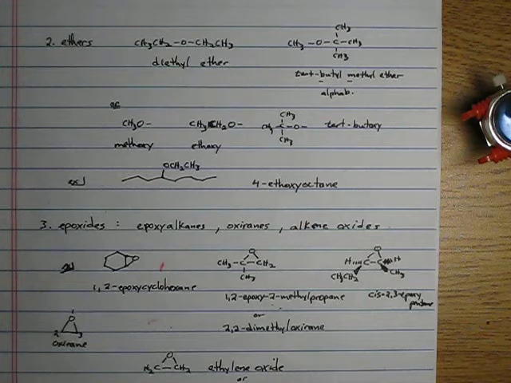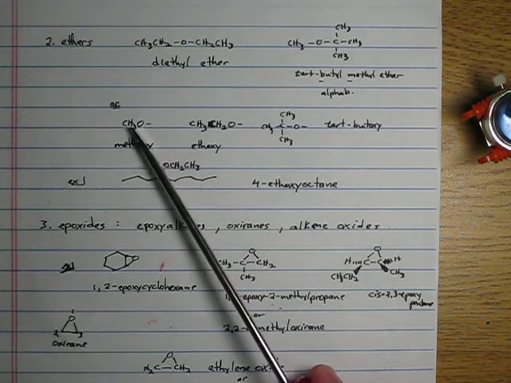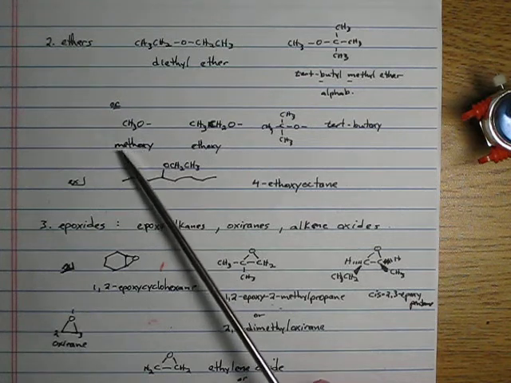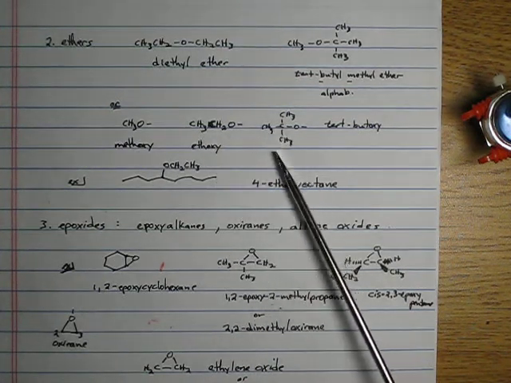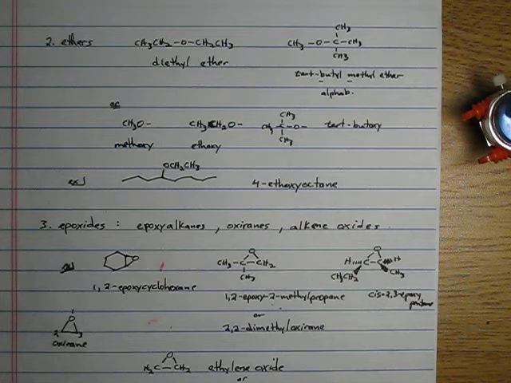If your molecule is large, then you're probably going to want to name it according to the IUPAC method. And the IUPAC method is an alkyl oxy kind of way. So this is a methyl group on the oxygen. This is a methoxy. This is an ethoxy. This would be a tert-butoxy.